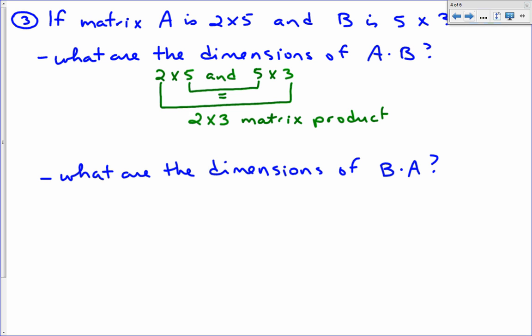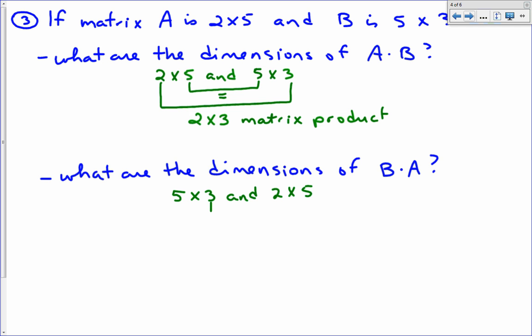Okay, now what happens if we try to reverse that? When we reverse numbers and multiply, we get the same product. This is not true for matrices. So if I wanted to have B first, that would be a 5 by 3, and A is a 2 by 5.